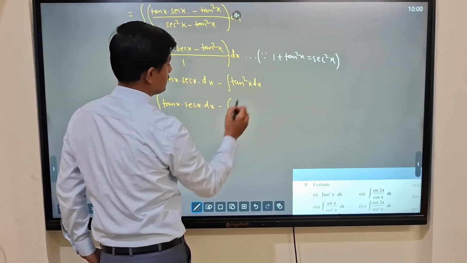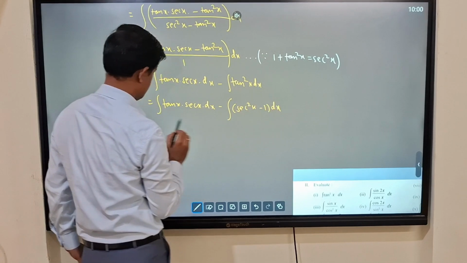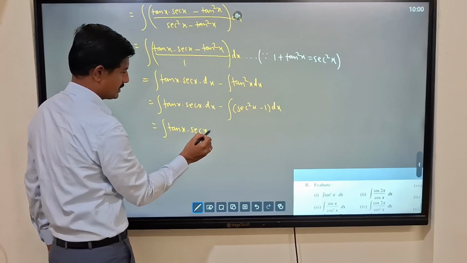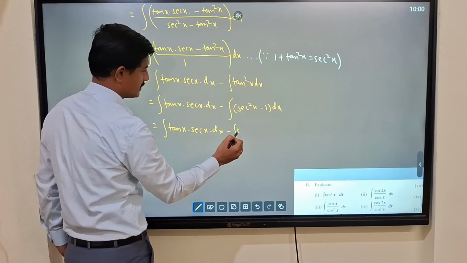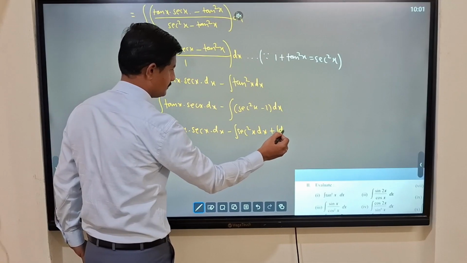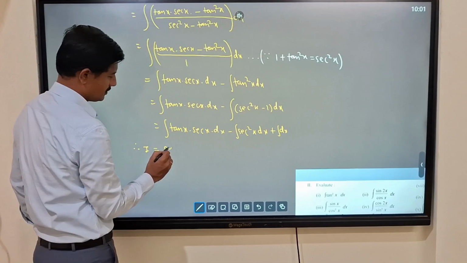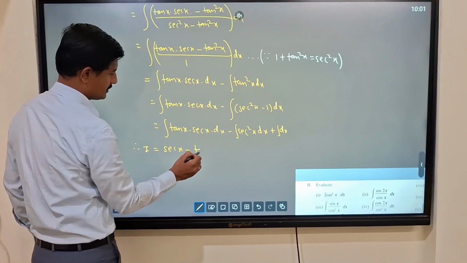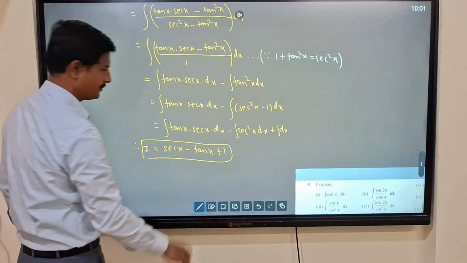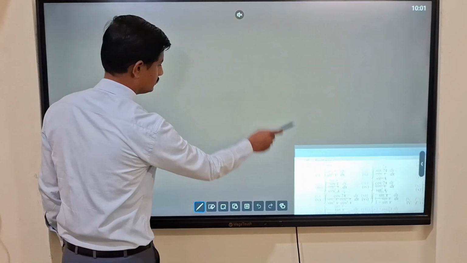Tan square x is simply sec square x minus 1. So this becomes the integration of tan x sec x dx minus the integration of sec square x dx plus the integration of dx. Therefore, I becomes sec x minus tan x plus x. This is the answer. Now, the eighth one.